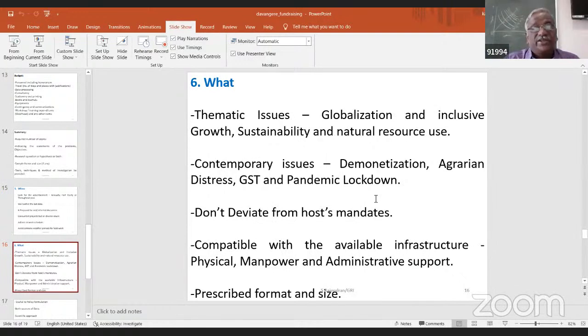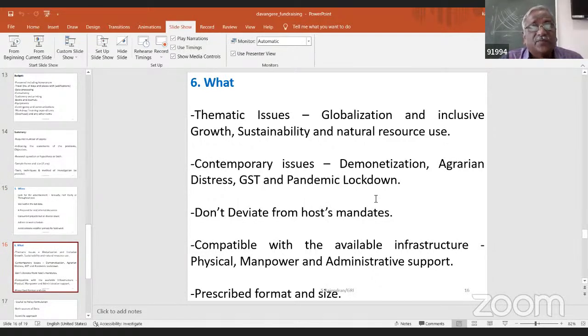And other contemporary issues like demonetization, agrarian distress, GST, and also the pandemic lockdown. The agrarian distress is getting much attention. I think as long as the agriculture sector is surviving, this area needs to be pondered, probed again and again, not only from the perspective of dryland regions like Karnataka or Andhra Pradesh, but also agriculturally prosperous regions like the food baskets of India, like Punjab, Haryana, and Western UP.